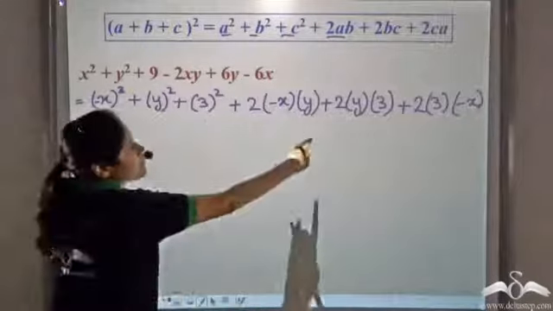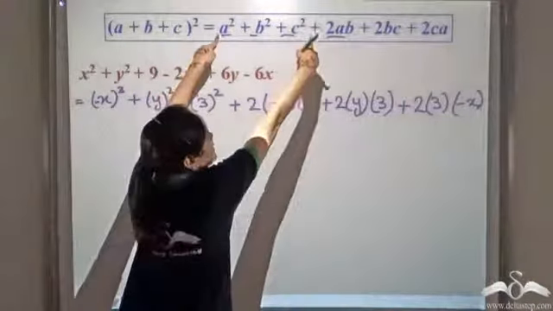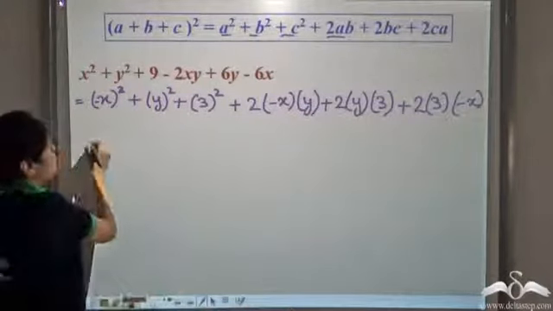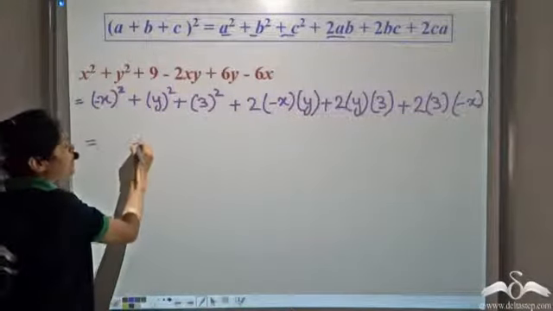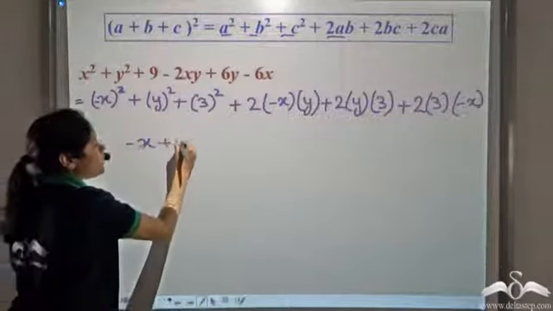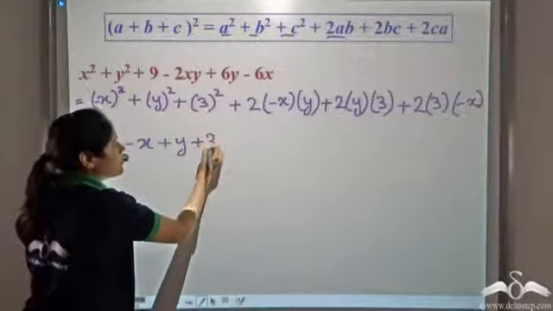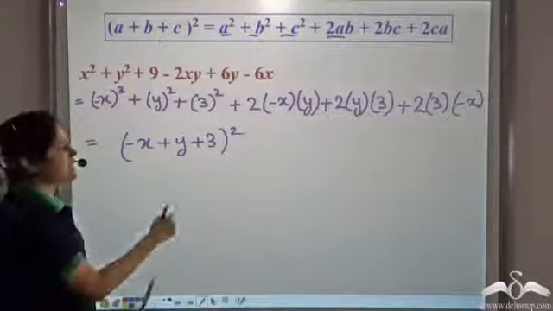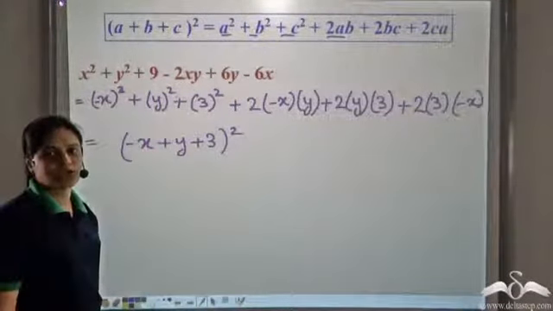Now this completely fits in with the right hand side of this identity. So we can write it as (negative x plus y plus 3) whole square. This is the factorized form of this expression.